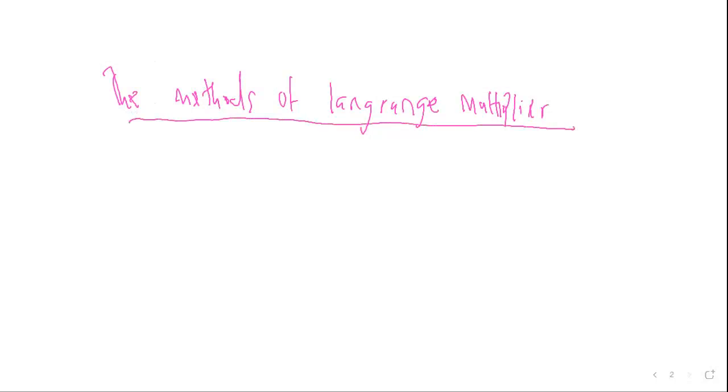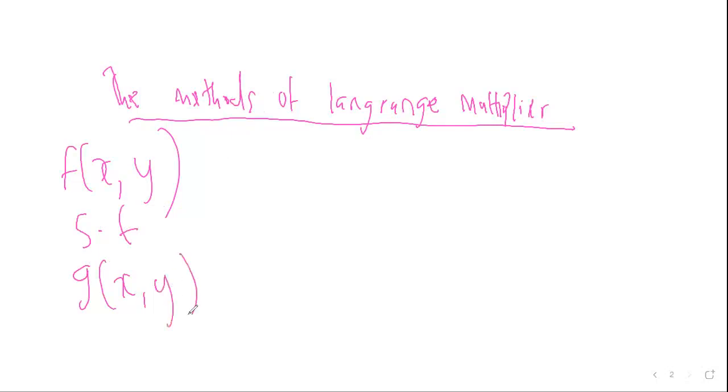In order to find the extreme of a function f(x, y), which is subject to the constraint g(x, y) equals k, in this case we're looking at a two-variable Lagrange multiplier. We follow the procedures below.